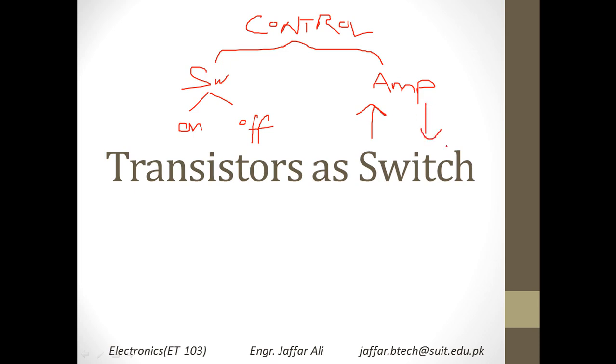If you want to change the amplitude of any given quantity, current, voltage, RPM, frequency, you can use an amplifier. And if you want to completely turn it off or on, you can use a switch. Both these terms lie in the definition of control. We also discussed that a transistor is basically a control device, so it can do both: switch and amplify.